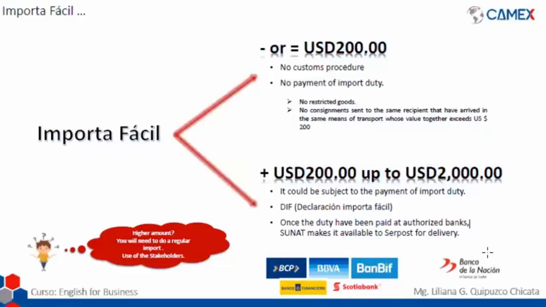Okay. Now remember that Serpost takes a little while. If, for example, we buy a product from China, AliExpress is going to tell us that it will take from 30 to 60 days. But Serpost right now has some problems.